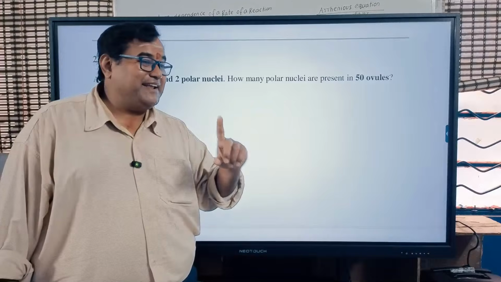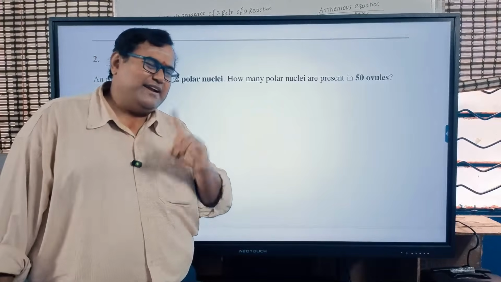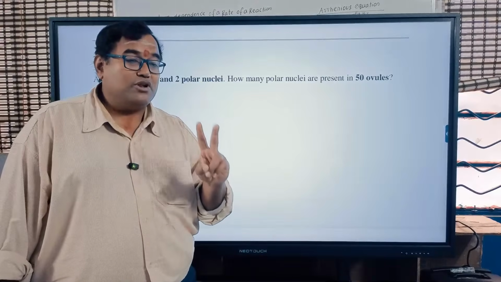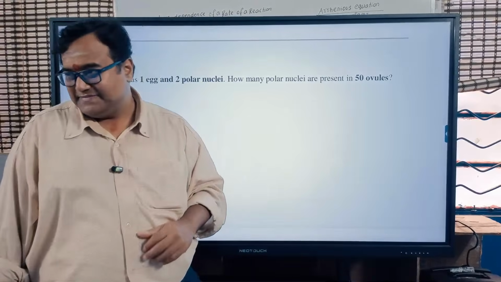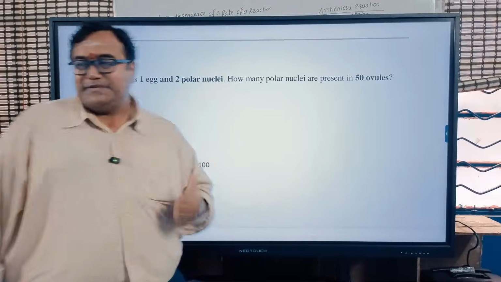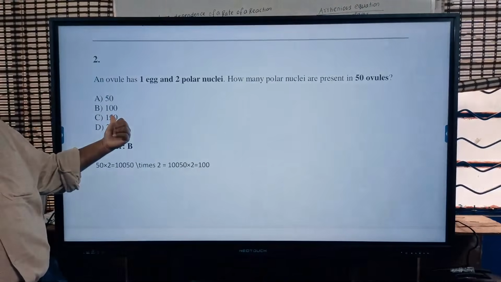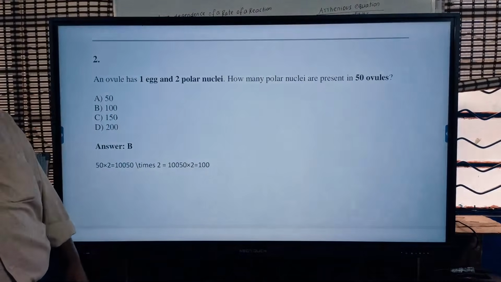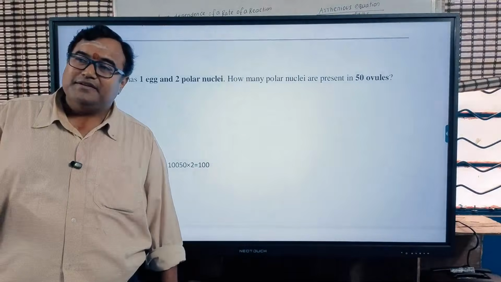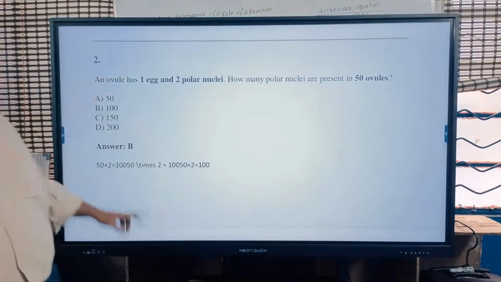They are not indicating the secondary polar nucleus, only the primary polar nuclei, which are two in number in one ovule. That means 50 ovules will be having how many? 100 polar nuclei. Are you clear up to this point?